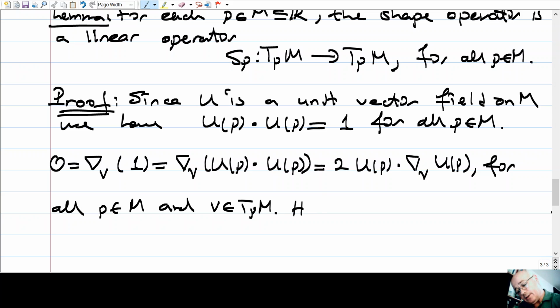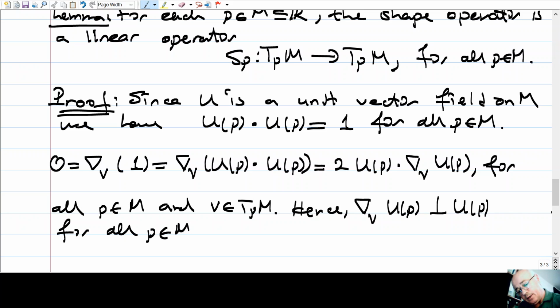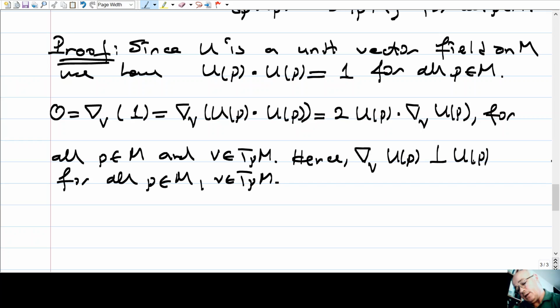Hence, this vector, the covariant derivative of U_P, is perpendicular to U_P for all P and V. But what is U_P? U_P is the normal vector of the tangent space, and our vector is perpendicular to the normal vector, right?